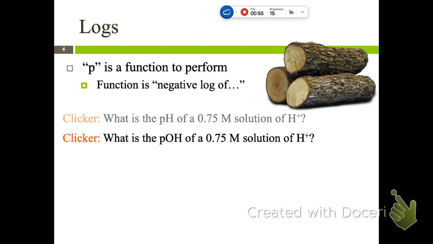I got 13.75. So we have to do, we have to subtract something.